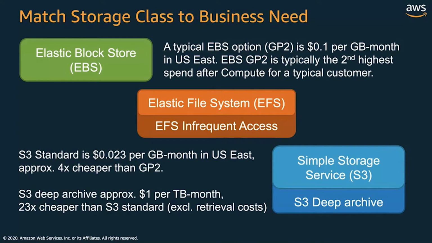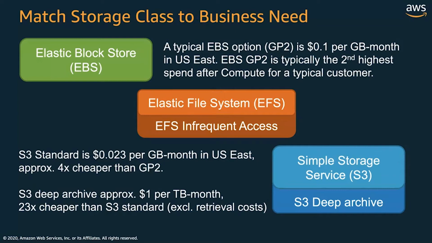Similarly, for our file system in the cloud, what's not shown on this slide is we also have a Windows file system called FSx for Windows and a Lustre file system in the cloud. With EFS, you now have an infrequent access class, which costs less. So again, think about your use case. Does the data need to be immediately available? If it's accessed on a more infrequent basis, the EFS infrequent access class might be more appropriate.